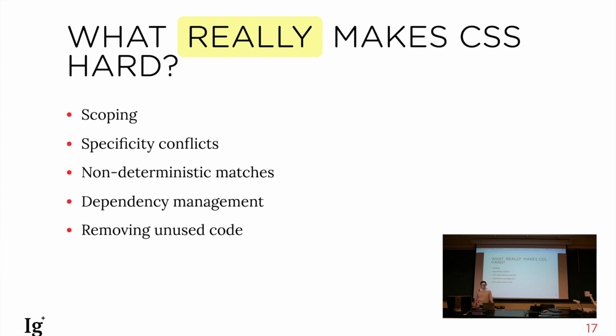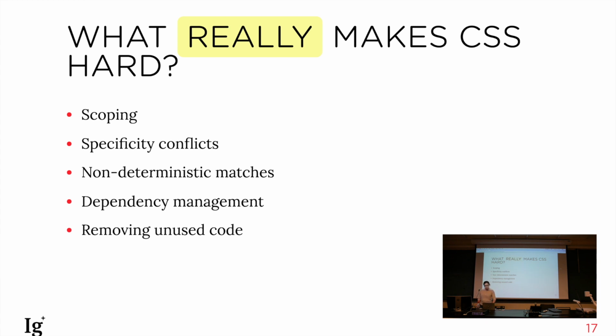I will show you what that means. And there is no dependency management, and it is absolutely not clear how to remove unused code. This is specifically an industry problem, because when developing a homepage, you do not care, because it's just developed and released. But at the industry level, removing unused code is a really big problem.